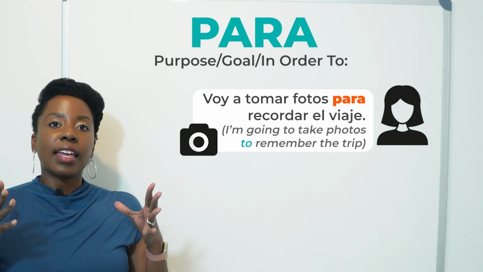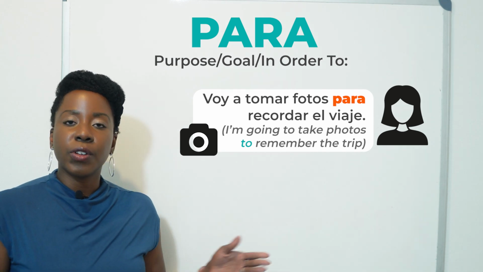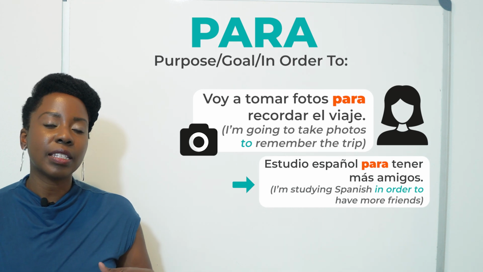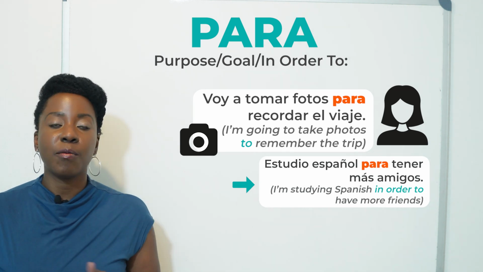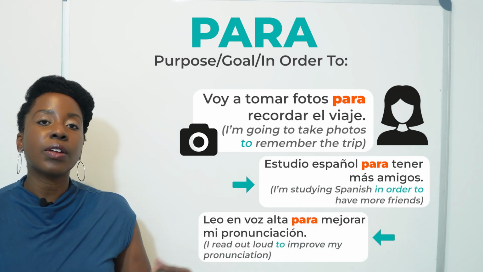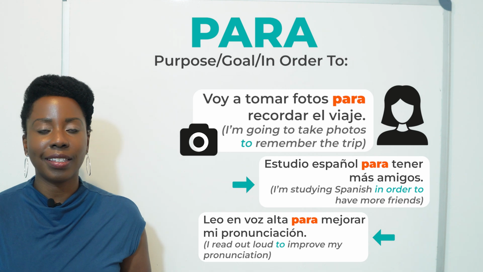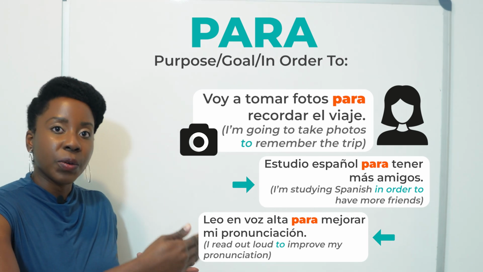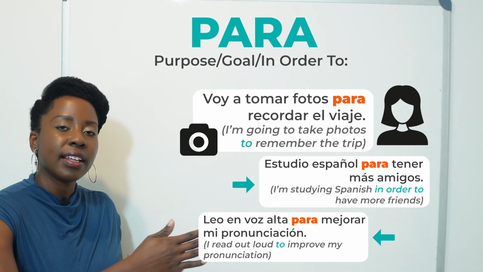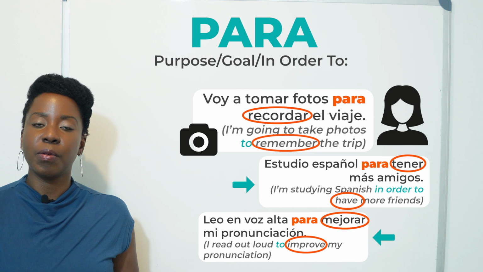I am going to take pictures in order to remember the trip. I'm studying Spanish in order to have more friends. I'm reading out loud in order to improve my pronunciation. So if we think of in order to, after that is going to follow an infinitive verb, okay?